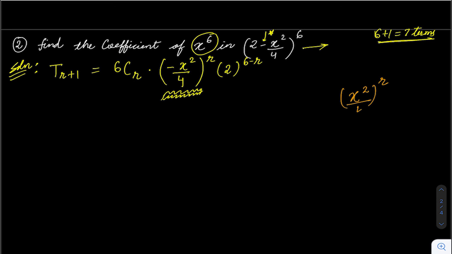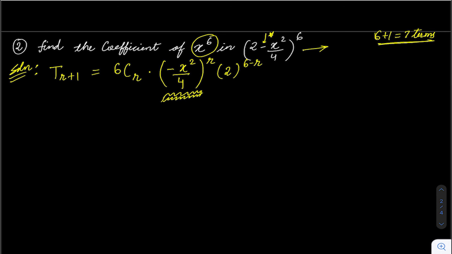Obviously 4 is there, negative is there. So this is nothing but x power 2r. Now can 2r be equal to 6? Of course, yes, if r is 3. So this will contain x power 6 if r is 3.